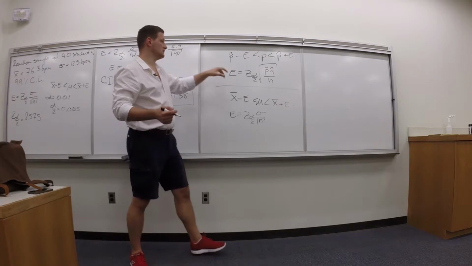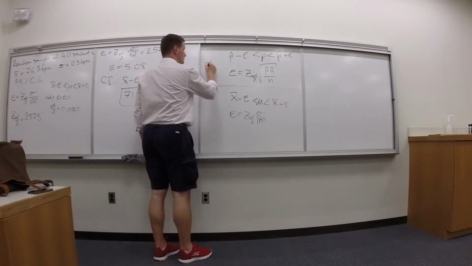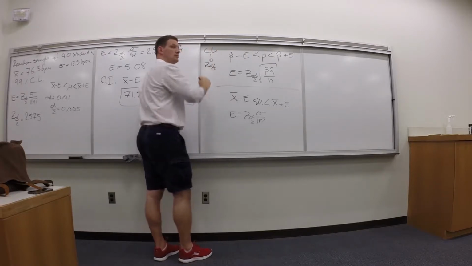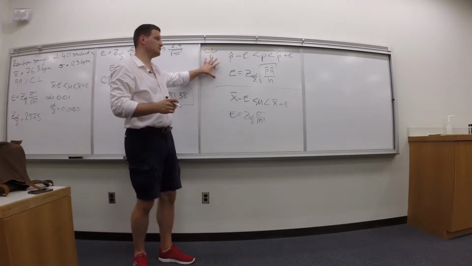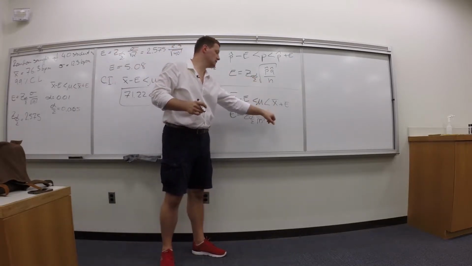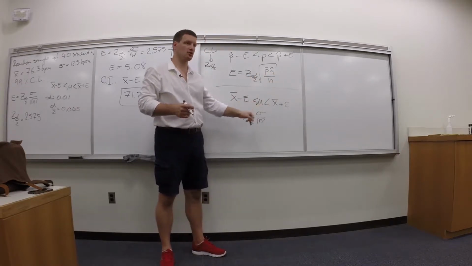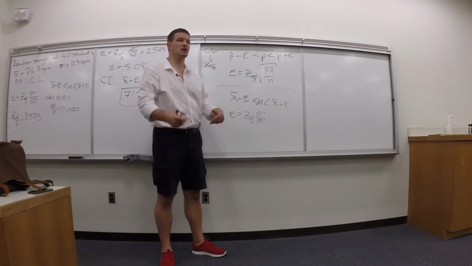Z alpha over 2 for both is gotten the same way, from the confidence level using the z-score table. So this part, easy. N, easy. The question is, do you have p hat or q hat in your question, or do you have a sigma? That very much limits the questions.